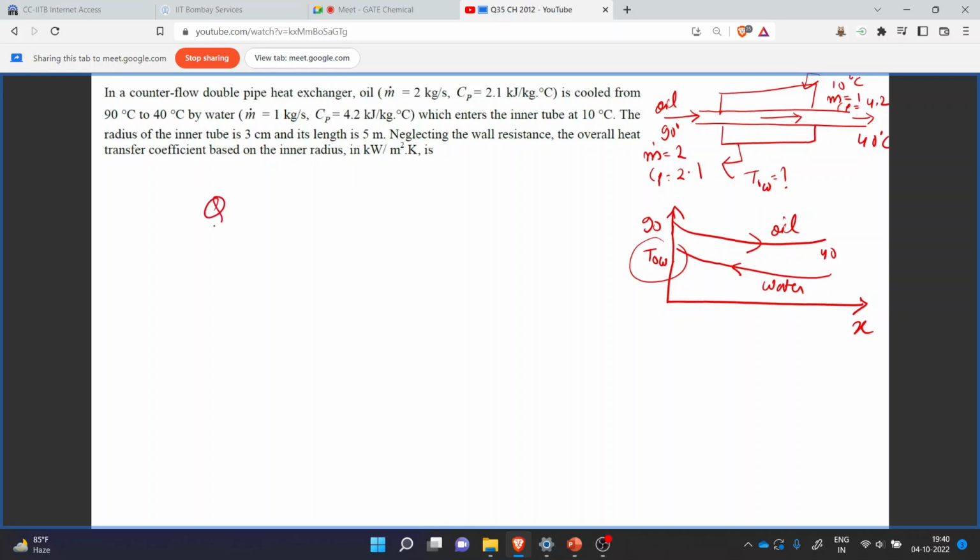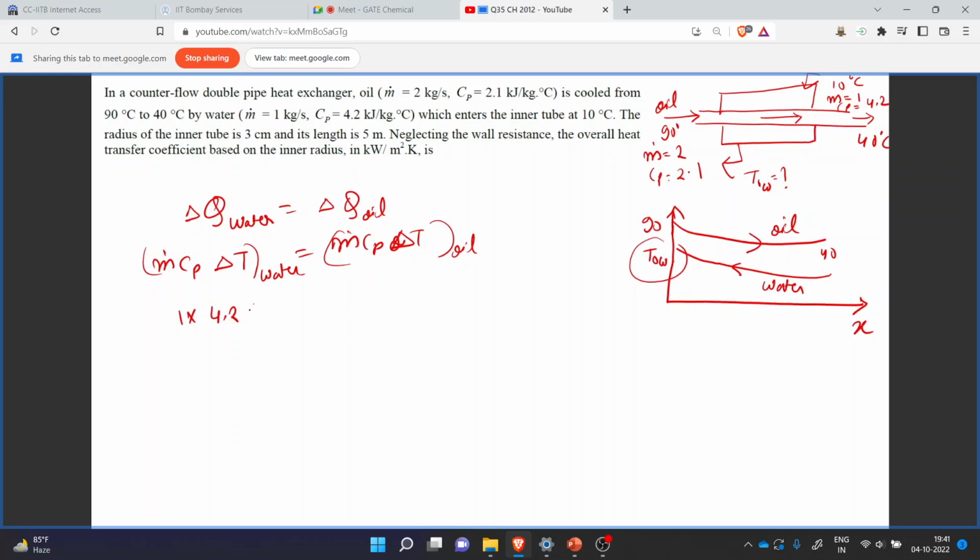That is, we can write delta Q of water is equal to delta Q of oil, that is m dot Cp delta T. This is for oil and this is for water. For water we have been given the mass flow rate as 1, Cp we have been given as 4.2, delta T will be T outlet minus inlet temperature, which was 10 degrees.